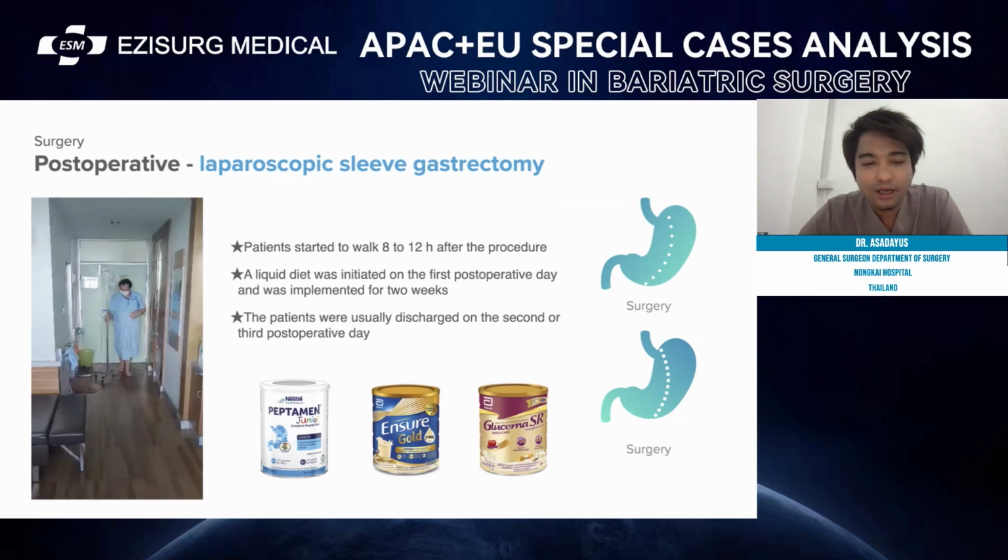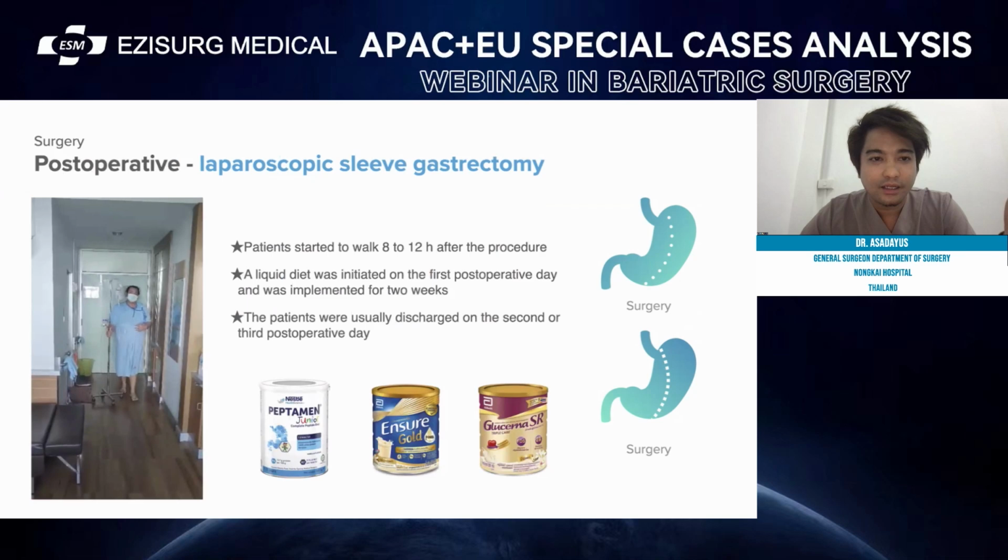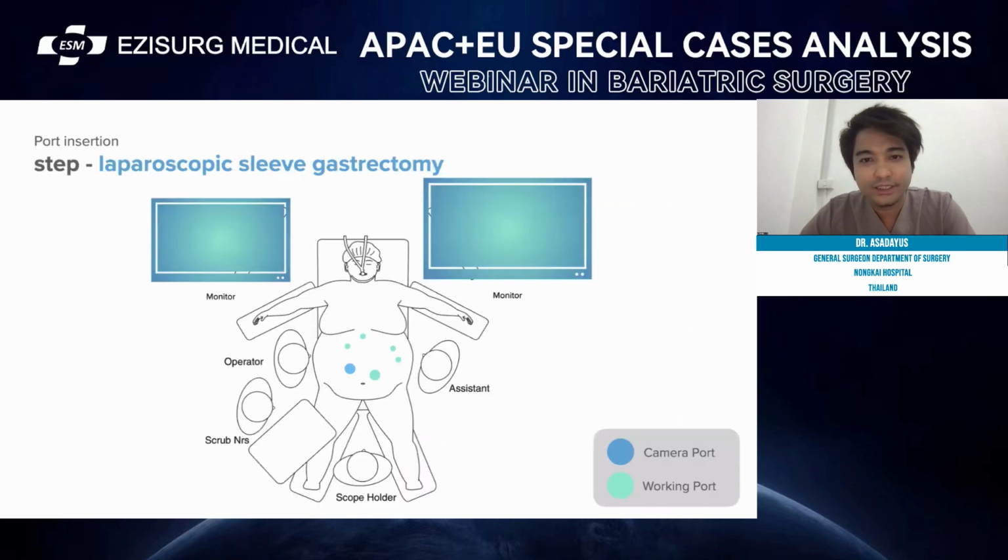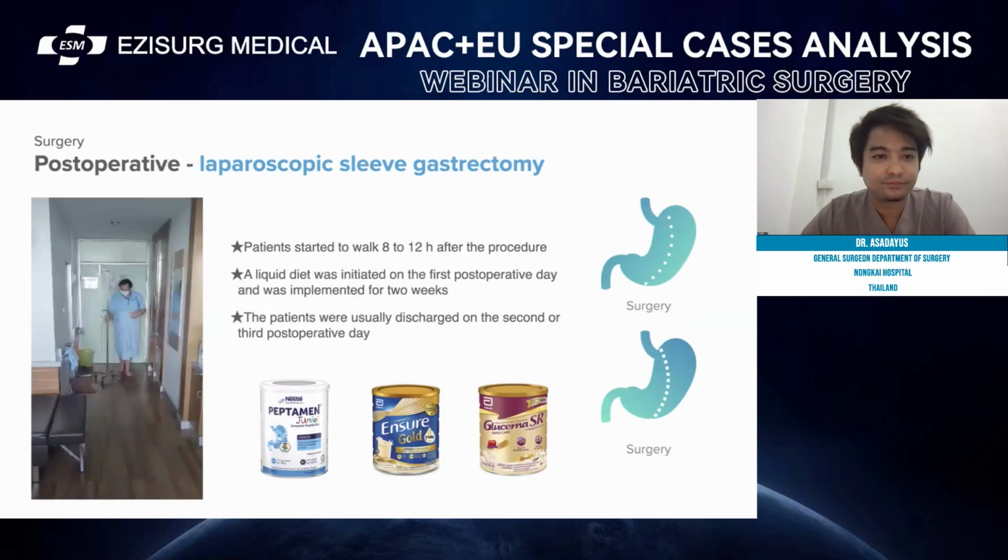If the surgery is in the morning, the patient should walk in the evening of the same day. If the surgery finishes in the evening, the patient should walk the next morning, and liquids start on the first day after operation. The patient will be discharged on the second or third day after surgery. The video shows the patient walking on the same day of the surgery.